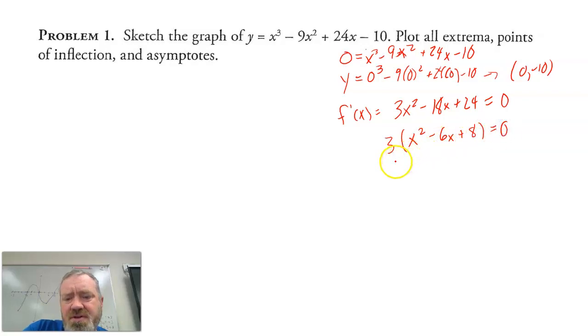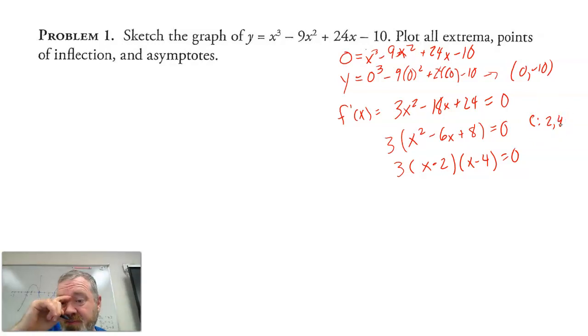See your factors there: x minus 2 and x minus 4 equal 0. So we have critical values at 2 and 4.